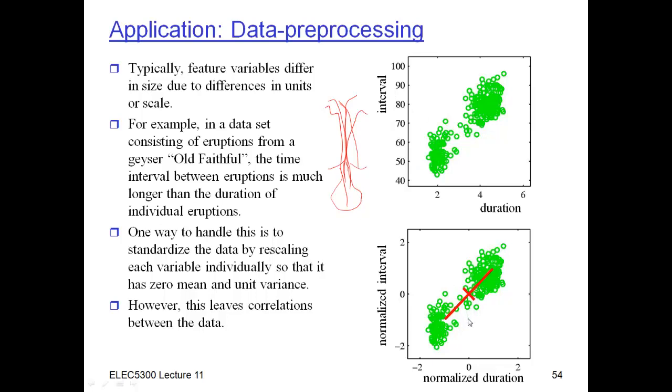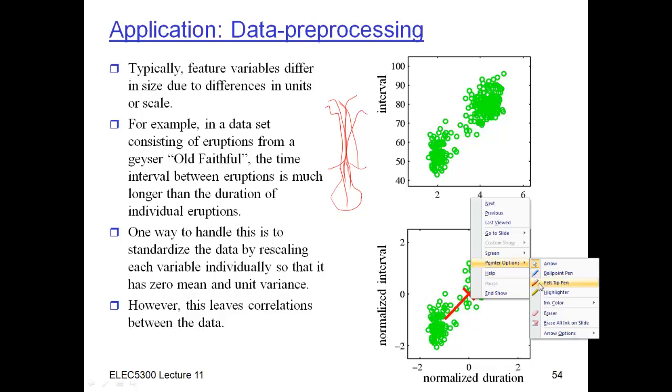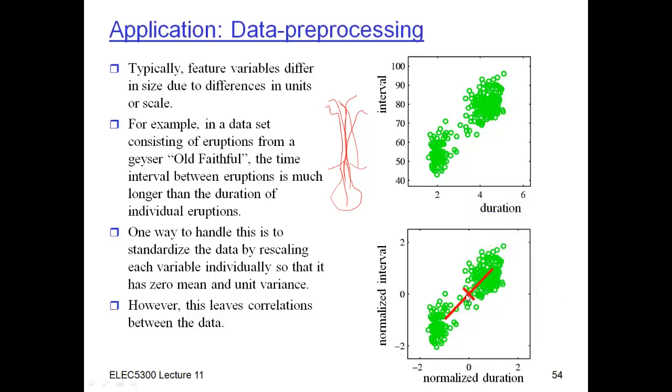That would put the mean value at 0, which would be right here, and it would make the extent in this direction and the extent in this direction about the same.